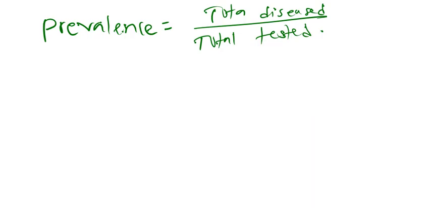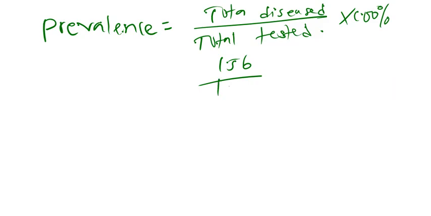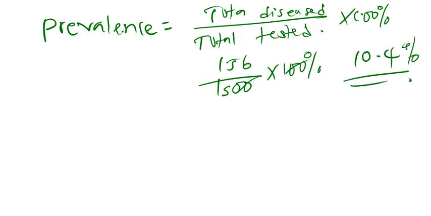So 156, you do times 100. Then the total number of people who were tested is 1500. So 1500 times 100%. I can just say 156 divided by 1500. That gives me 10.4%. So that is my prevalence.